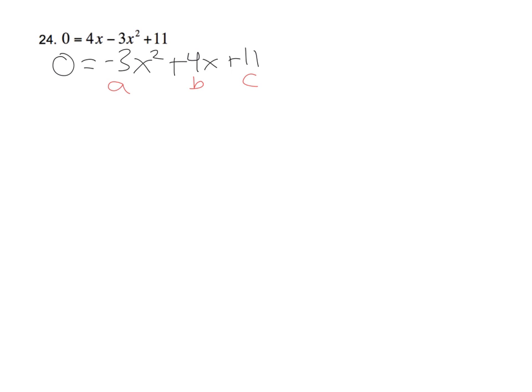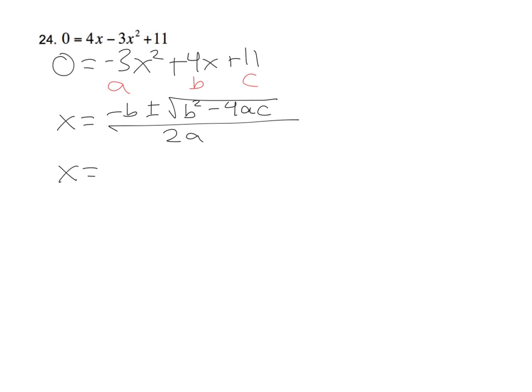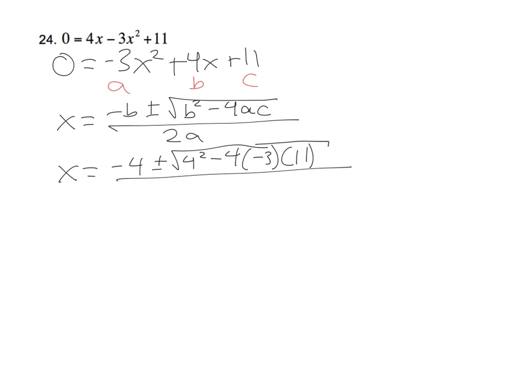So now that we have them identified, we're going back to our quadratic formula, negative b plus or minus the square root of b squared minus 4ac all over 2a. Okay, and I fill in the numbers that I know, so we're going to have negative 4 plus or minus the square root of 4 squared minus 4 times negative 3 times positive 11 all over 2 times negative 3.